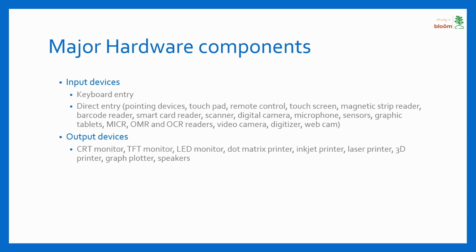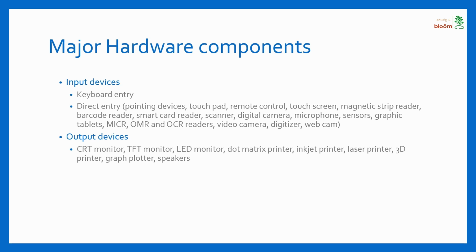Then there are major hardware components, input devices and output devices. For example, keyboard entry is an input device, and there are other direct entry devices such as touchpad, remote control, touch screen, barcode reader, smart card reader, scanner, likewise.